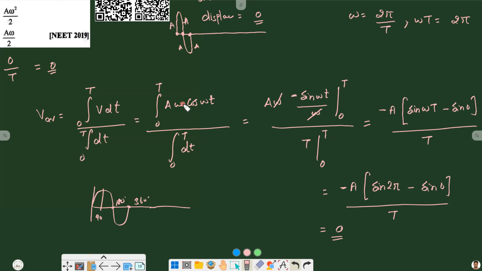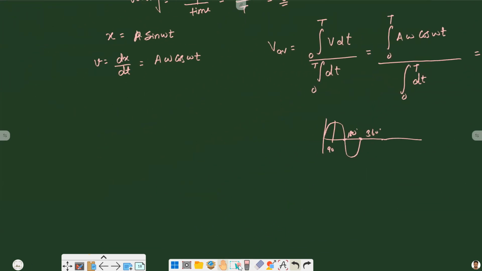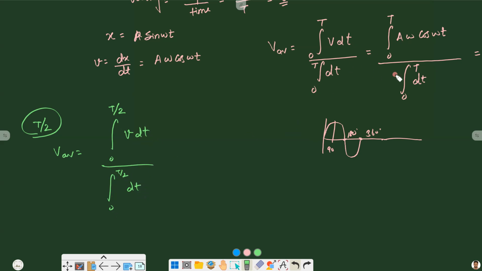Then limits will change here according to the question asked. If we have to find average velocity for half time period, then average velocity will become integral 0 to T by 2 v dt over integral 0 to T by 2 dt, and then again we can solve the same process.